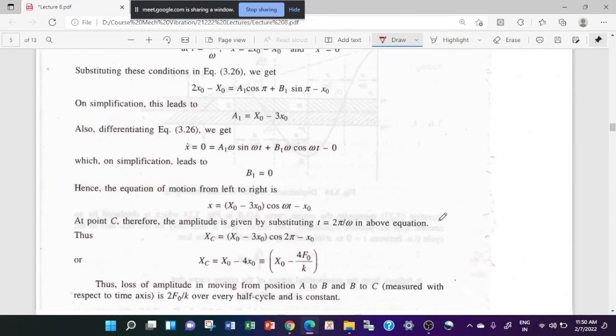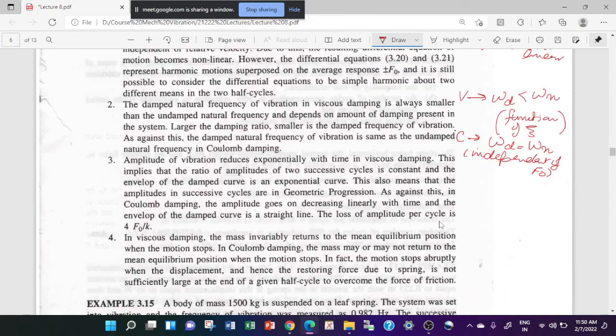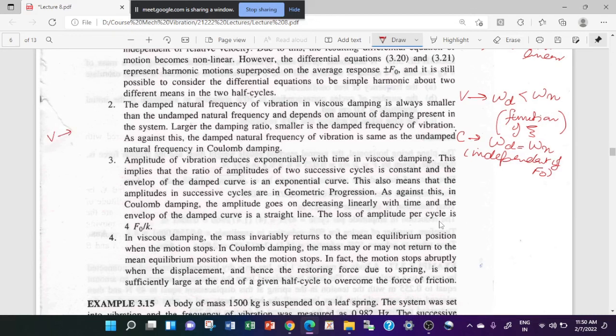So now you can say here, in the viscous damping, the amplitude decays exponentially, while in the Coulomb damping, the enveloping curve for the displacement curve is a straight line.